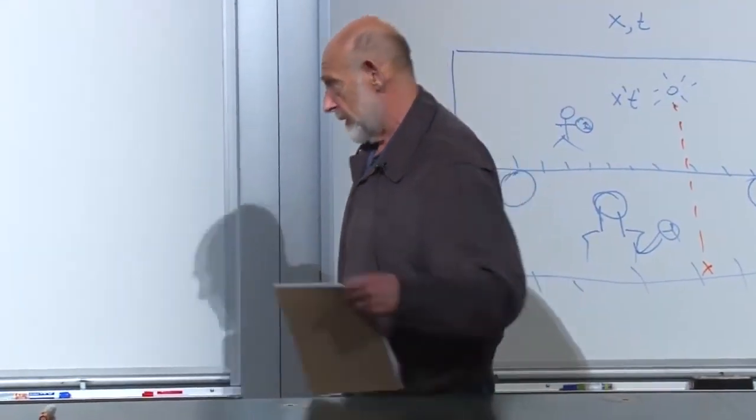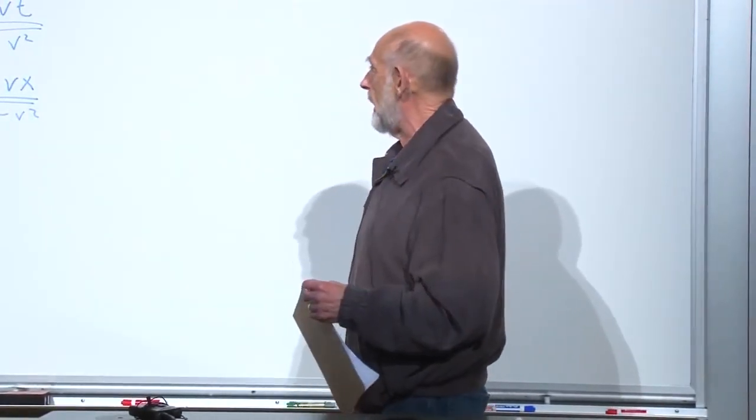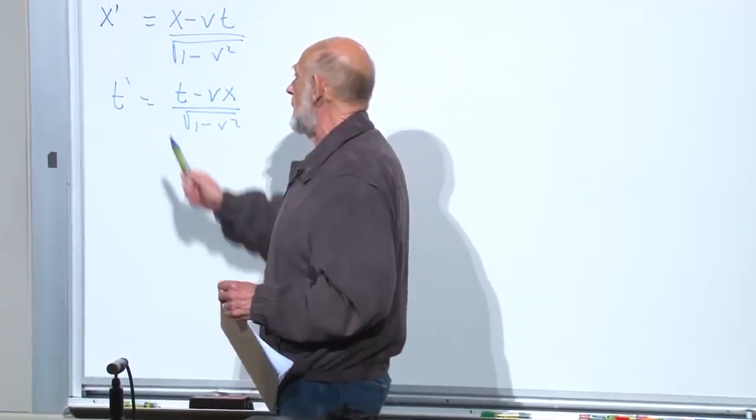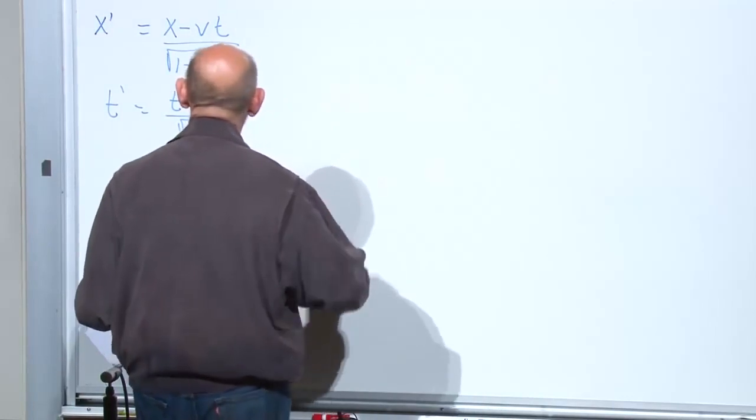We can invert these relations. There's nothing sophisticated going on here. This is simply a matter of solving for x and t in terms of x prime and t prime. Let me remind you what the result would be.